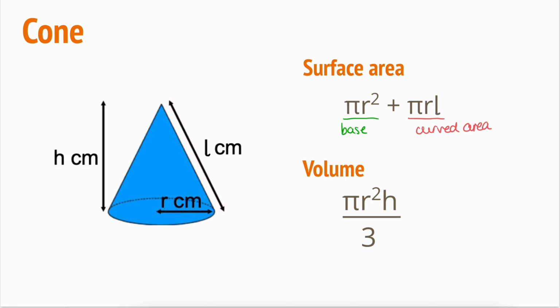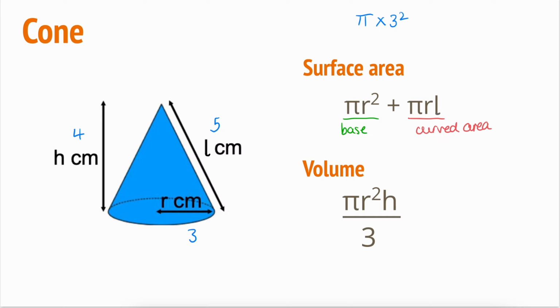So if you were given a question, and for example, you had a height of 4 and a radius of 3 and a length of 5, then you could find the surface area. So we would have pi times the radius squared.